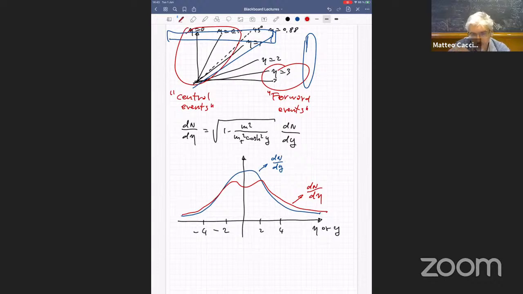There is this little dip that is essentially related to the presence of a massive particle. Of course, the two distributions will be identical in the limit of massless particles, and when the mass goes to 0, this term in the Jacobian goes away, and you're only left with the same distribution. So this difference here is related to the fact that the particle is sufficiently massive with respect to the momenta that we are considering.